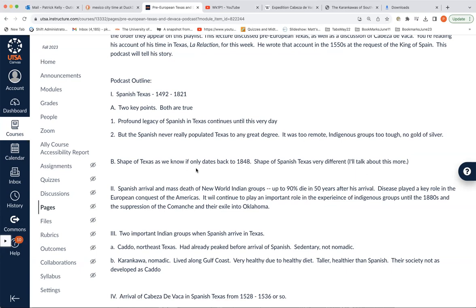In fact, I don't think it's a bad idea at all to just cut and paste the outline to your notes, or take it off of Canvas and have it with you as you listen to the podcast and as you take notes on the podcast.